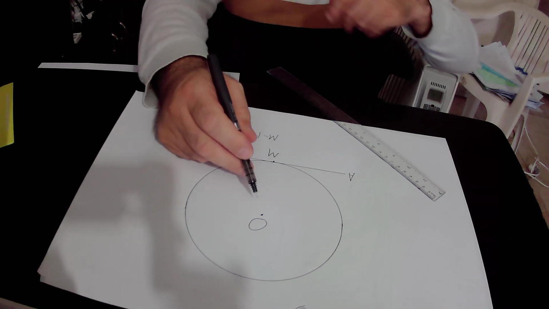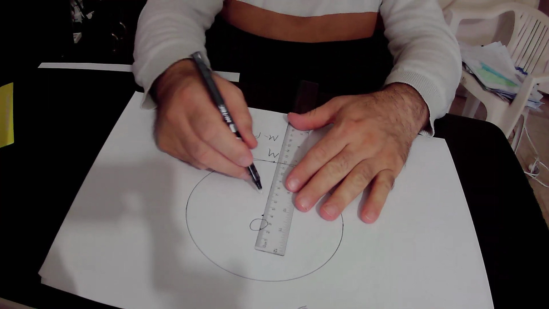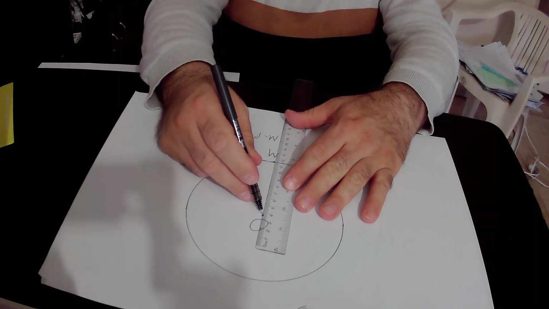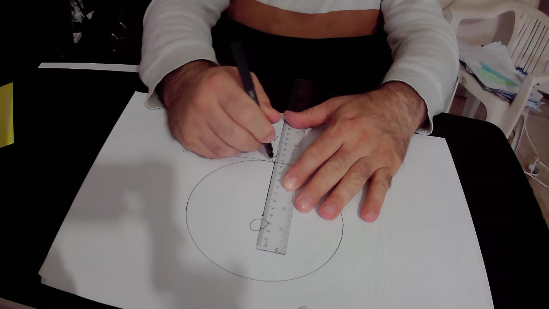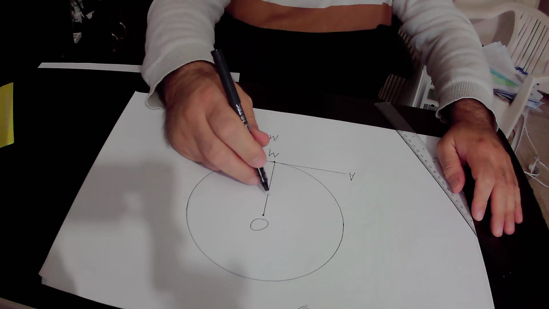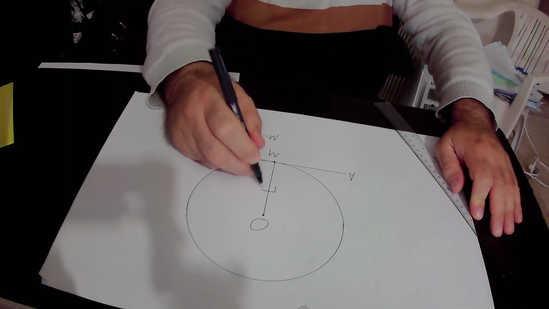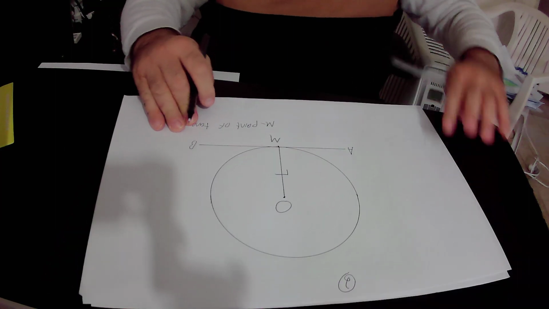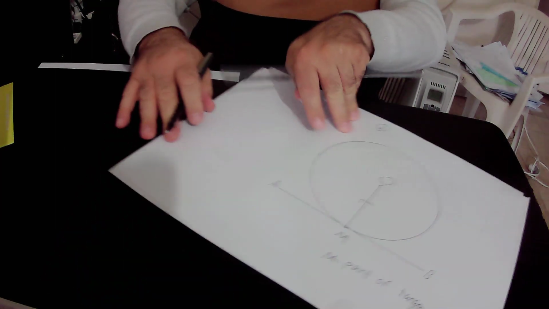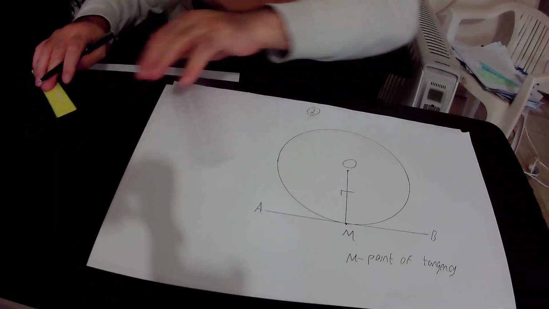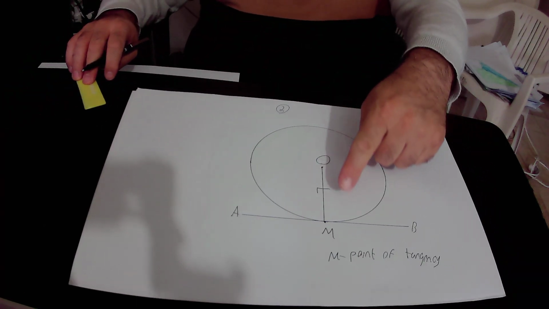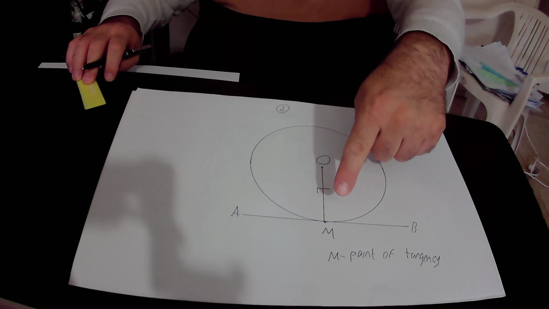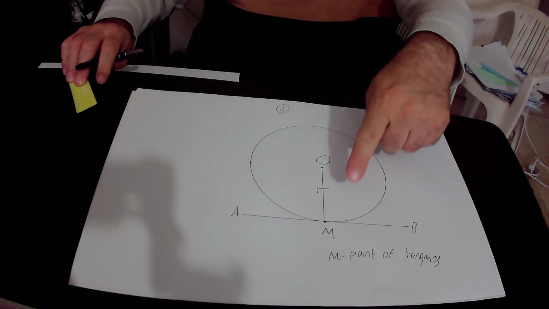We will join together points O and M by a straight line. Actually, OM is the radius of this circle. We'll define the radius of this circle as R. And as you can see in the drawing, this radius OM is drawn to the point of tangency.